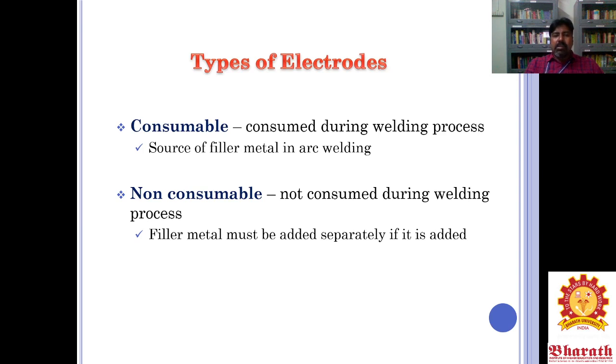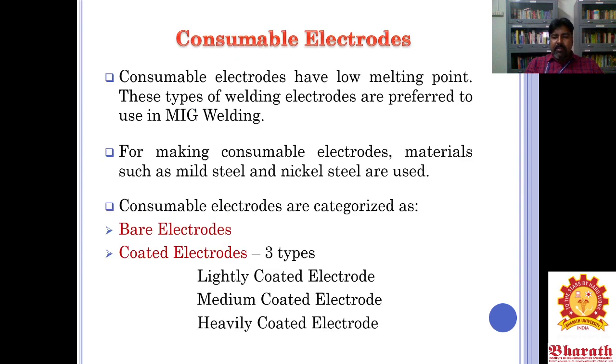So this is called the consumable electrode. Consumable electrodes are generally classified into two types: bare electrode and coated electrode. And the coated electrode is again classified into three types: lightly coated, medium coated, and heavily coated electrode.